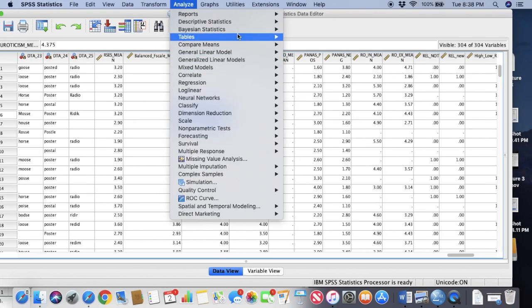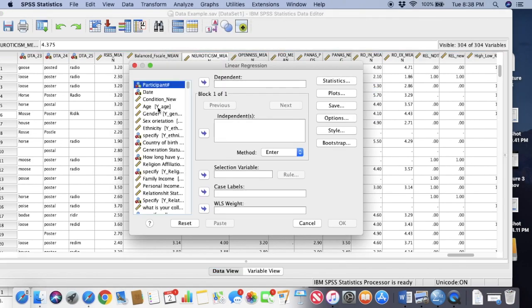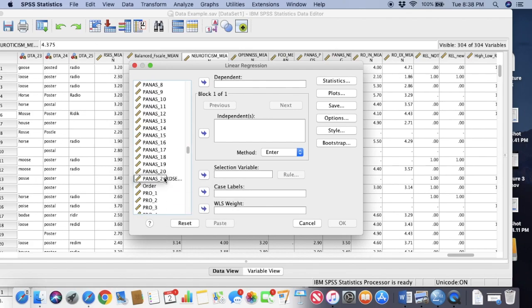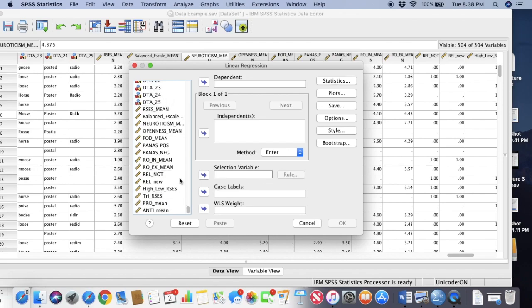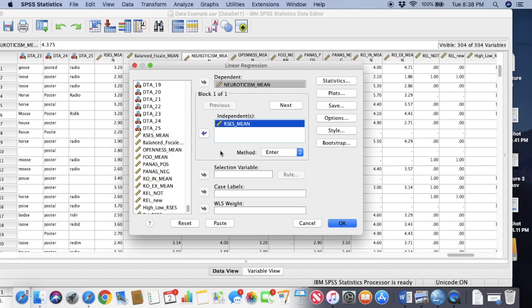We need to go to Analyze, Regression, Linear. Let's look at the wording. It says self-esteem predicting neuroticism. Because neuroticism is being predicted, it is considered the dependent variable. So neuroticism, because it's being predicted, will go up here. And self-esteem is doing the predicting.